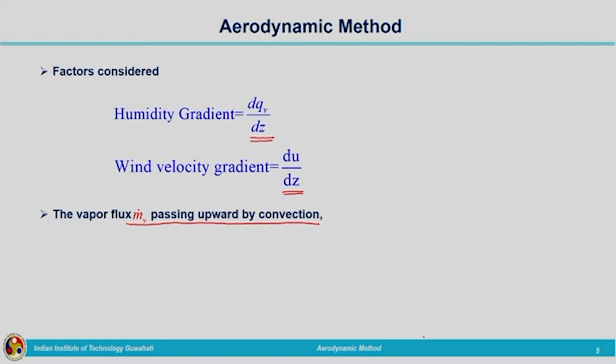So, that can be written as, the mass flux m dot v is actually proportional to the specific humidity gradient, that is the humidity gradient dqv by dz. dqv by dz is our humidity gradient, and what is it representing? The difference in the humidity at two different altitudes.